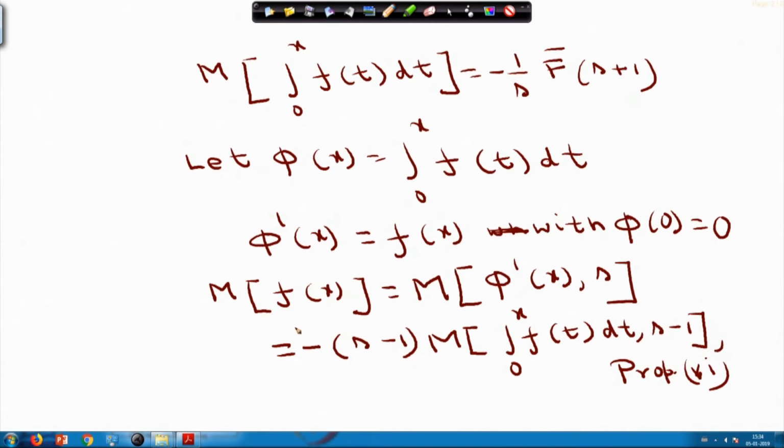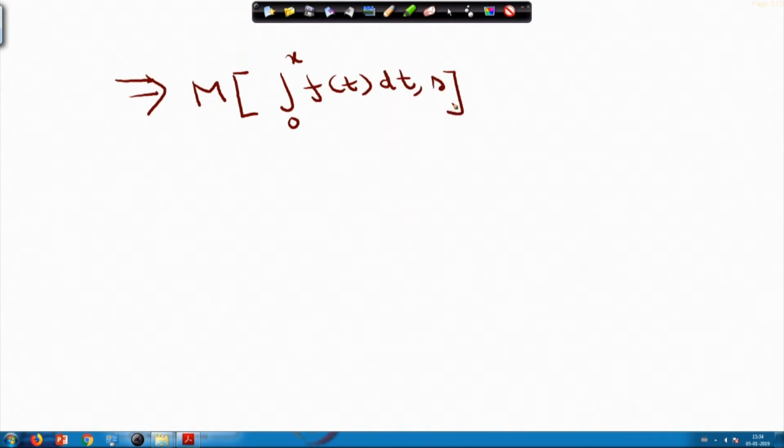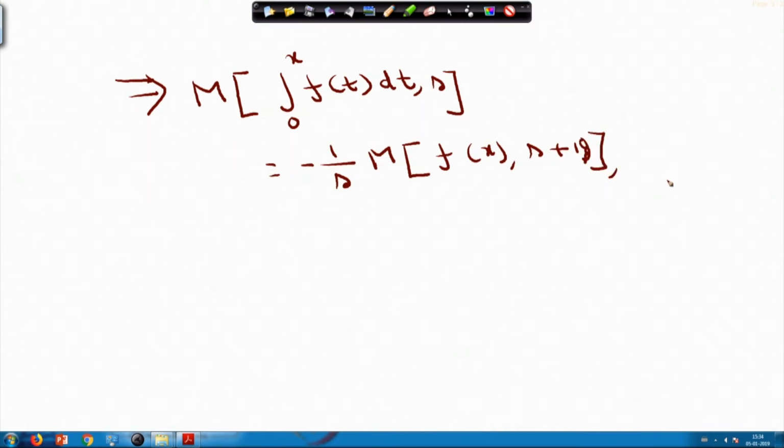So, once I write the Mellin transform of f(x) equals minus s minus 1 times the Mellin transform of the integral from 0 to x of f(t) dt, where the variable is s minus 1, from here you can write the Mellin transform of the integral from 0 to x of f(t) dt, where the variable is s, equals minus 1 by s times the Mellin transform of f(x) at s plus 1. What we are doing here is basically replacing s by s plus 1.